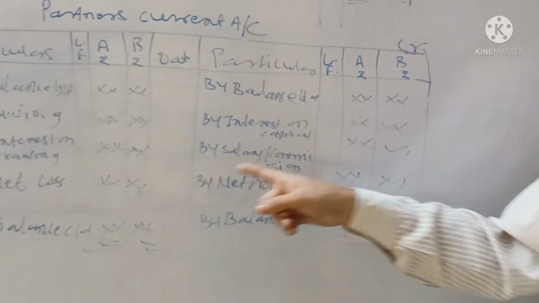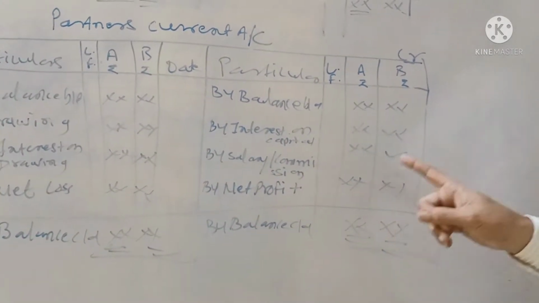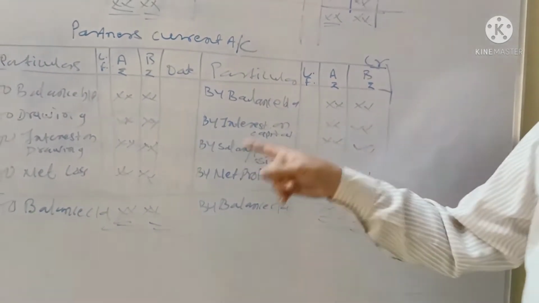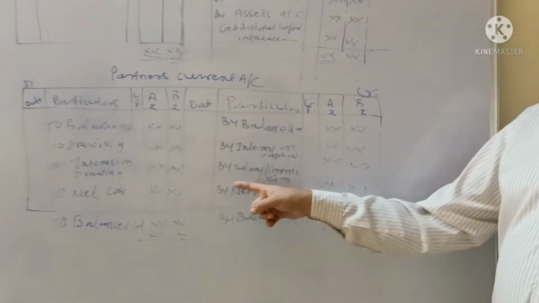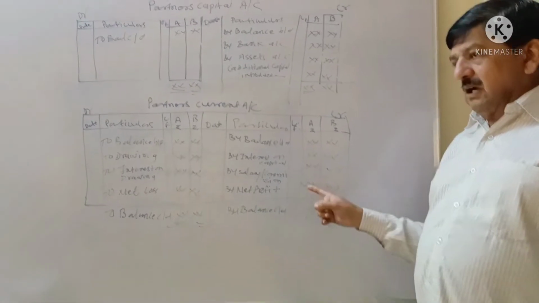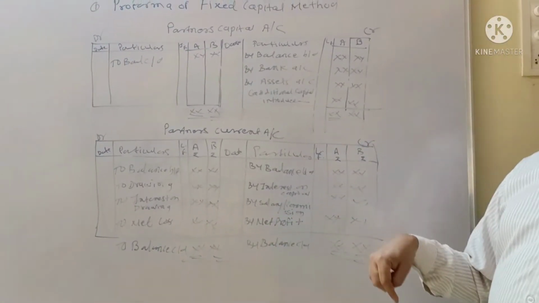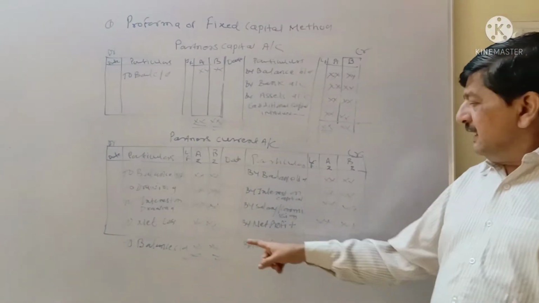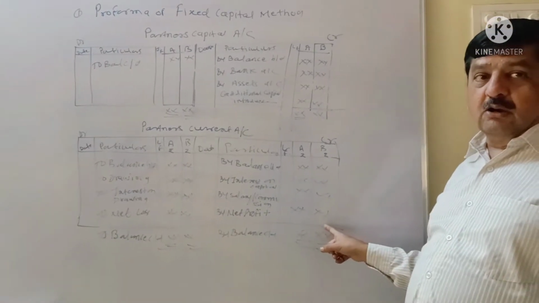Salary or commission given to any working partner is also a gain of the partner, taken on the credit side of the partner's current account. Then if there is a net profit, it is also taken on the current account credit side.